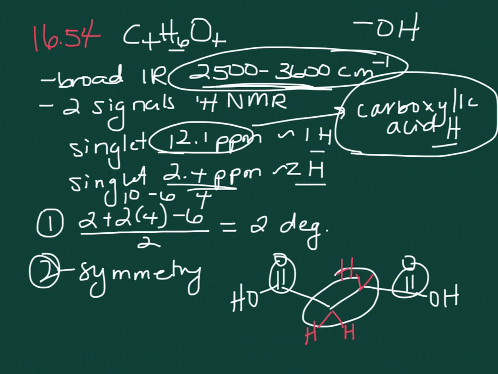Now, the signal is split as a singlet because this molecule is completely symmetric. And if you remember, equivalent hydrogens do not couple each other. So these are all equivalent, so there will be no coupling, so the signal will appear as a singlet.